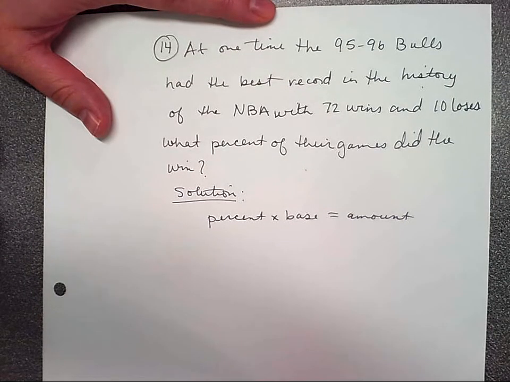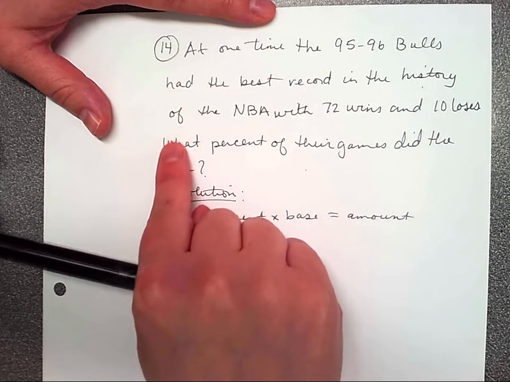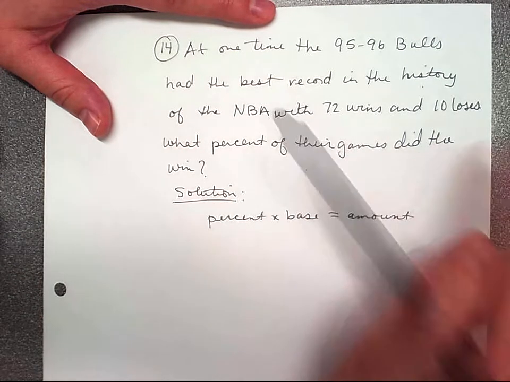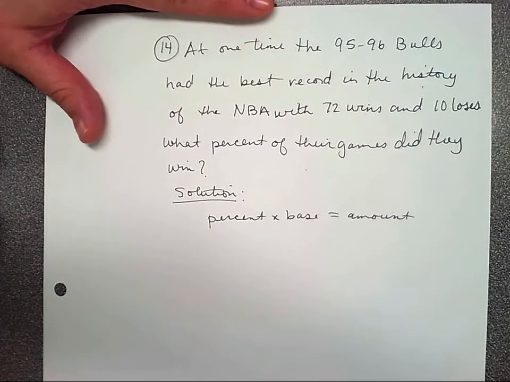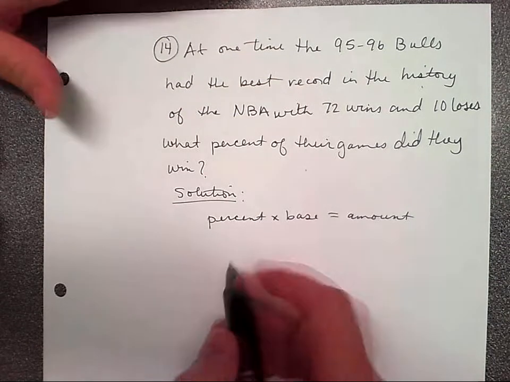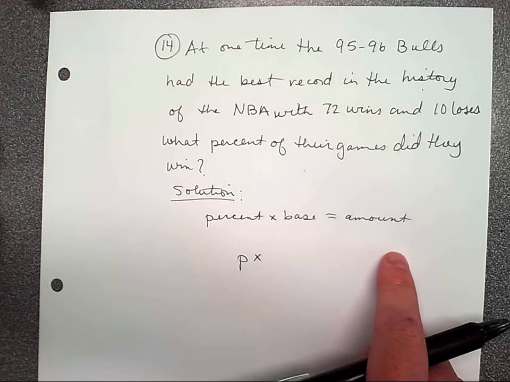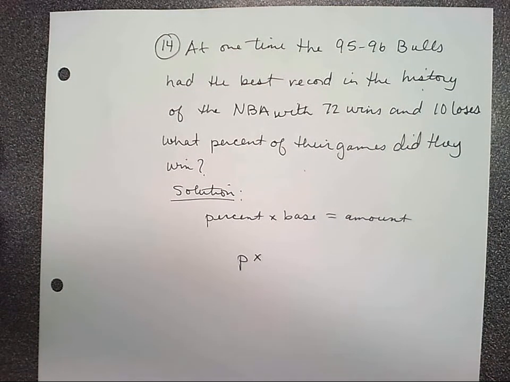On the second line, what's after did? Did they win? Okay, so what percentage of the games did they win? Okay, so I'm looking for the percent times the base equals the amount, right? So who's got an idea?